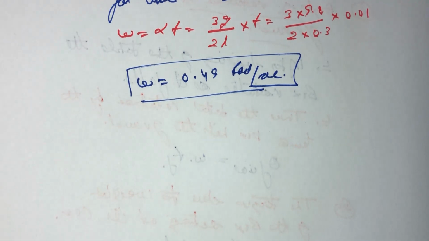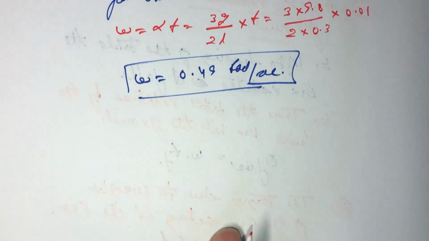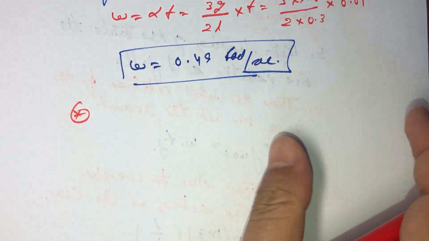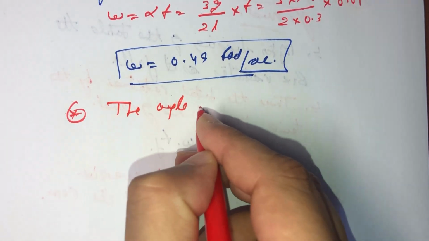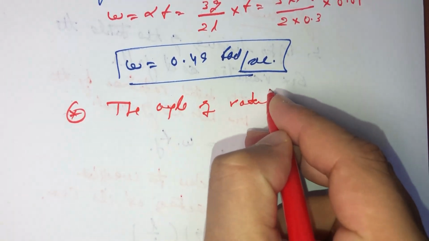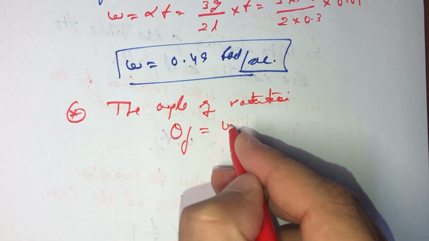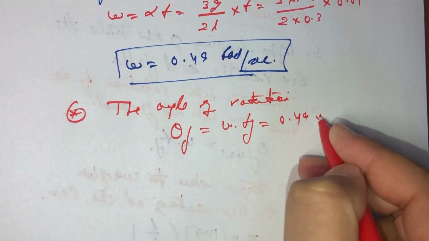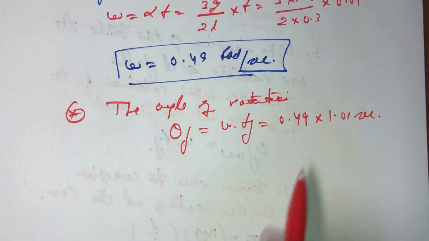Now we can find out the angle of rotation, which we already wrote, that theta final will be equal to omega t f. So the angle of rotation theta final is equal to omega multiplied by t f. Omega is 0.49 and t f we calculated is 1.01 seconds.